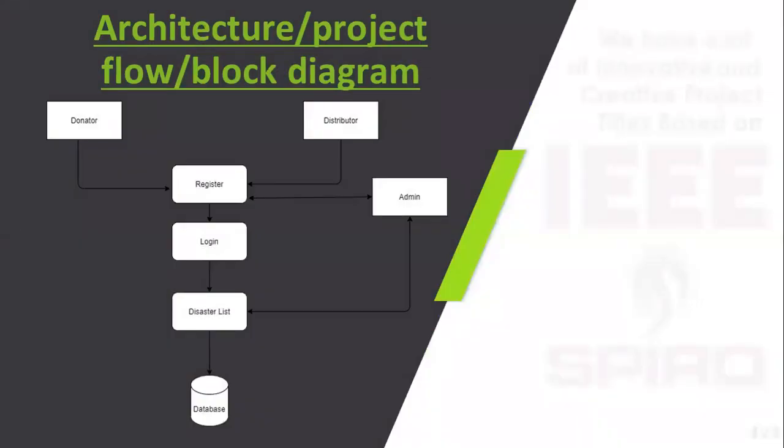This is the architecture diagram. The project is based on the donator and distributor. The donator wants to give the resource, and it stores the resource details.